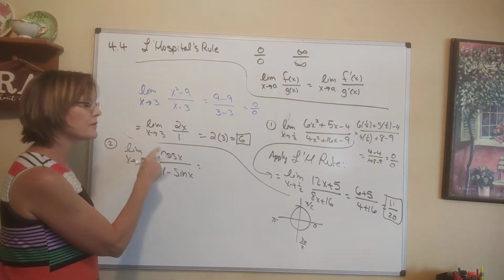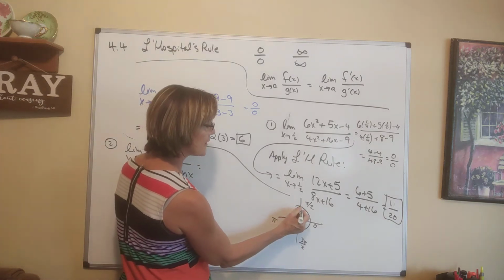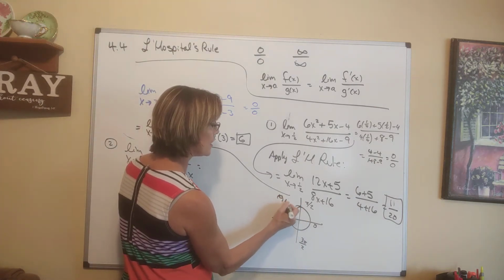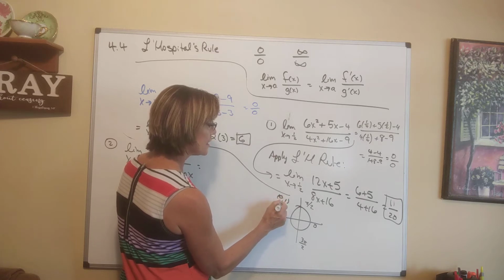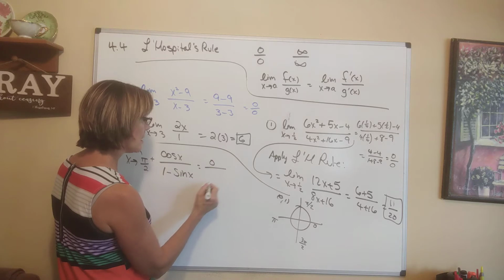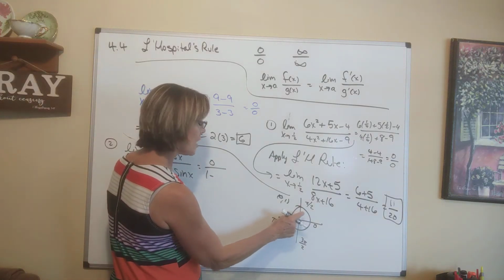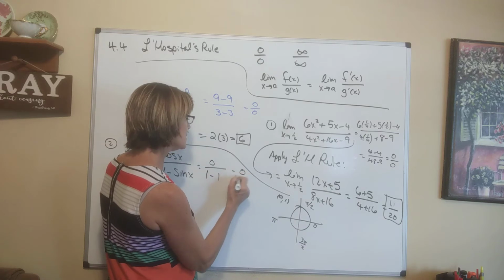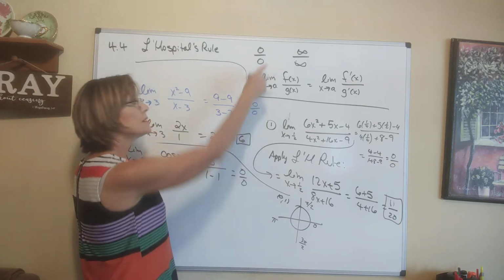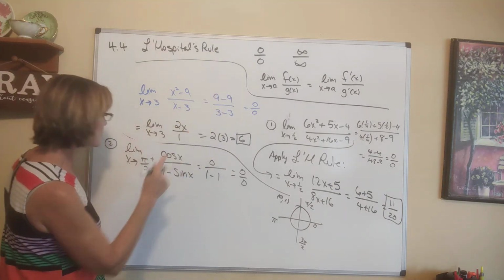The cosine of x, when it's at pi over 2, is the x value. So this is the point (0, 1), and so the cosine is the x value, which is 0. So we're looking at a 0 in the numerator, over 1 minus the sine of pi over 2. The sine is the y value, 1, so 1 minus 1. So this is a 0 over 0. We're looking at an indeterminate form of 0 over 0.